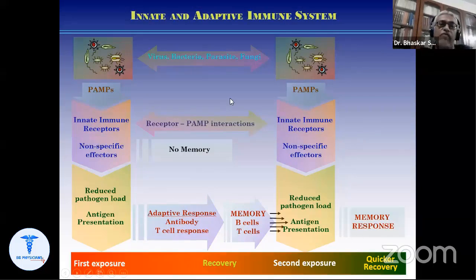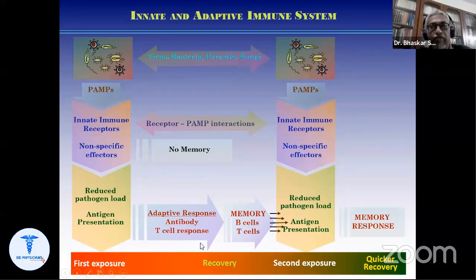So essentially, what we find here is that the innate immune system does not have memory, whereas the adaptive immune system has memory. That's because the cells in the innate immune system do not have any antigen-specific receptors or the receptor rearrangement system.